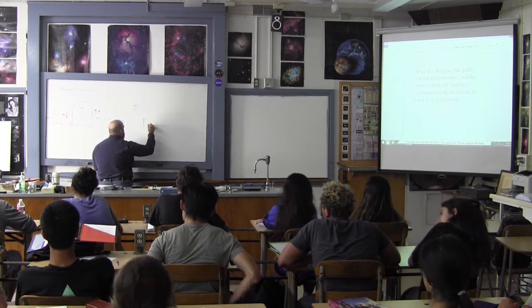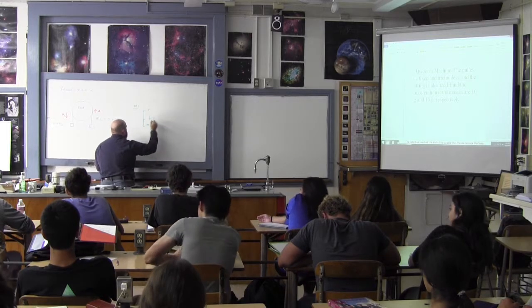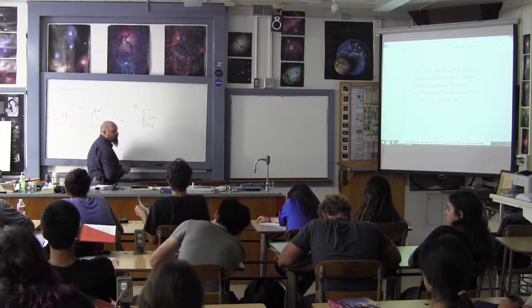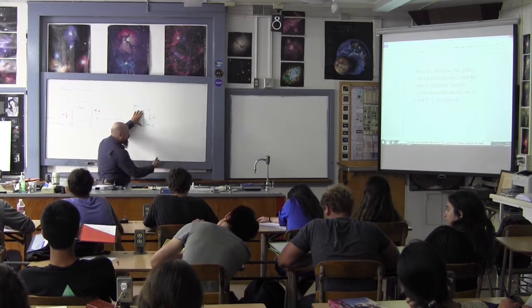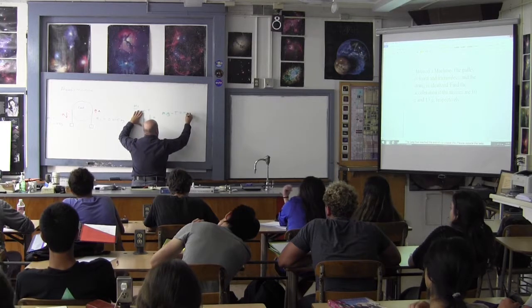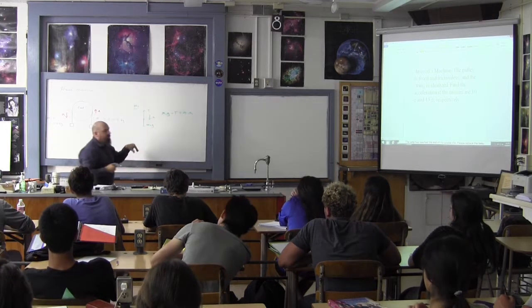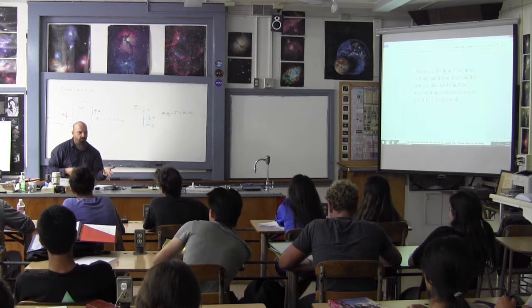We have the weight downwards, the tension upwards, and the acceleration is downwards by assumption. So when I add up the forces here, I'll get M1g minus T equals M1a. Note that that equation there is basically backwards of how I wrote it a few minutes ago.